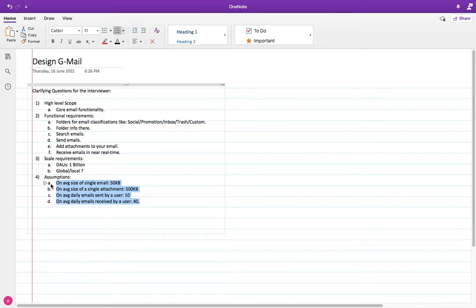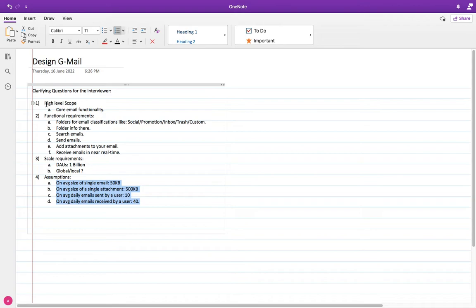Then these assumptions and the scale requirements which the interviewer mentioned to you will definitely help you to design. So I usually ask these questions prior. Definitely you might not be able to come up with all assumptions at the very beginning. You can ask these questions later while you are estimating the QPS and storage as well. But these are some important questions to ask the interviewer.